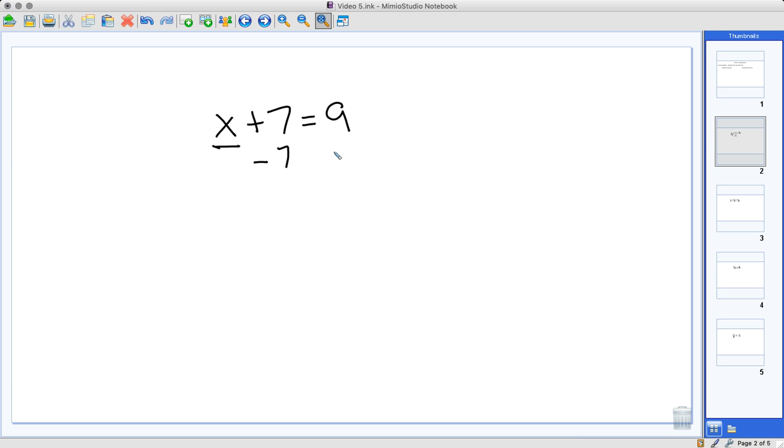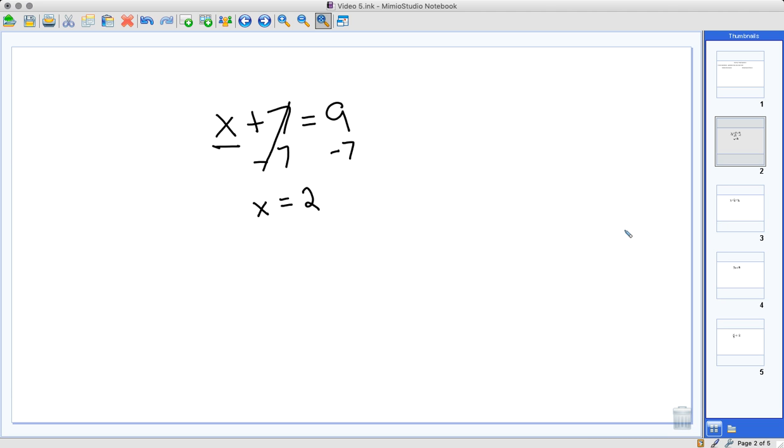I also have to subtract 7 on the right side of my equal sign. If I don't do that and I just subtract 7 from this side, I have completely changed my equation. So plus 7 minus 7, those cancel. So I'm left with x on the left side equals 9 minus 7, which is 2.